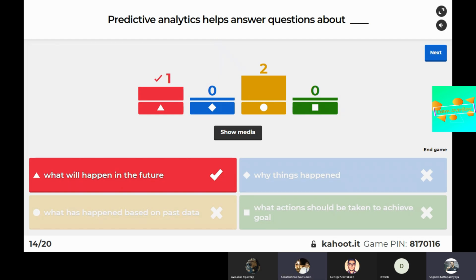When you look at what happened in the past, you are analyzing the data, but what will happen in the future, you are trying to predict. That's the basic understanding behind predictive analysis. Predictive analysis talks about what will happen in the future. Understandable?